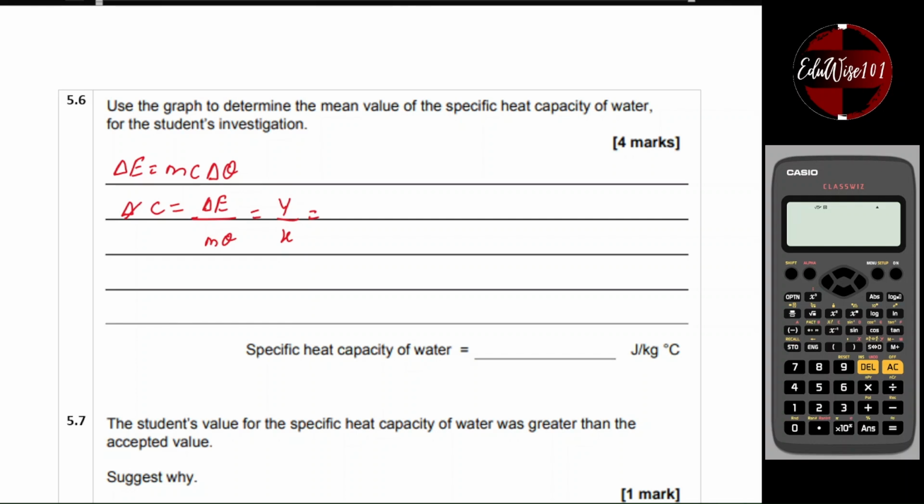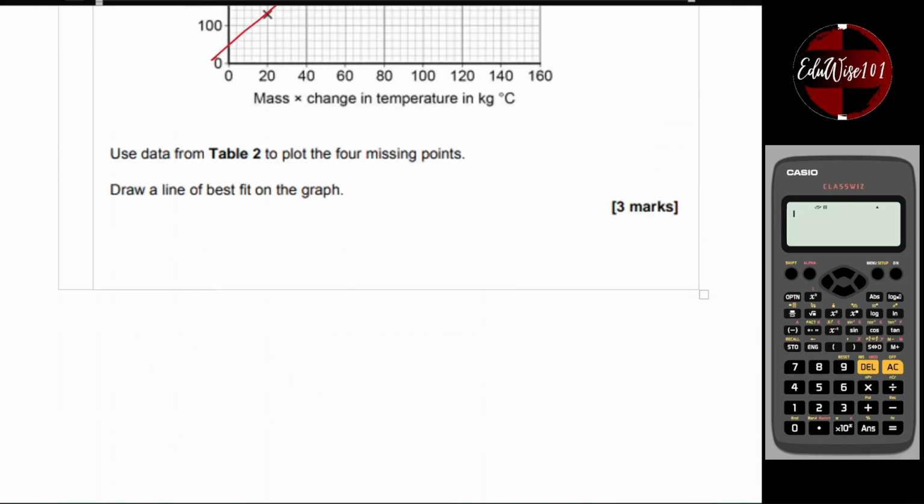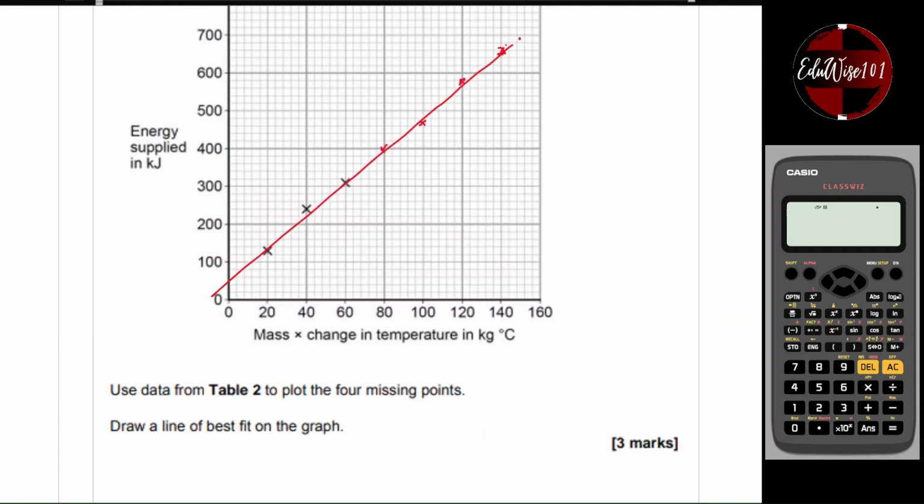So if I look at the graph again, I'm going to read off this value. Let's say, take that as 50, and that would be 660. So the difference is 660 minus 50. That gives me 610.